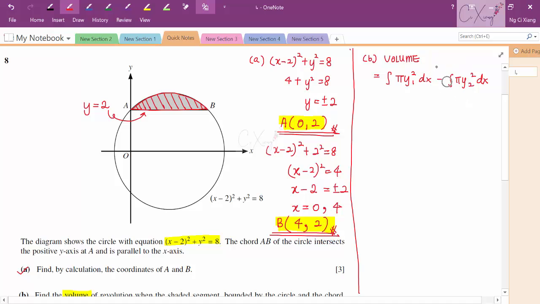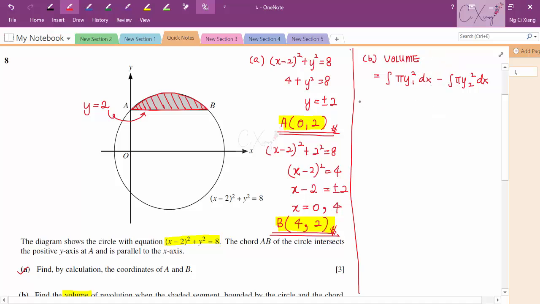This is for the case where the area that I'm interested in is bounded by two curves or two functions. Here, the area is covered by a curve and a line, so the general equation will look like this to find the volume.